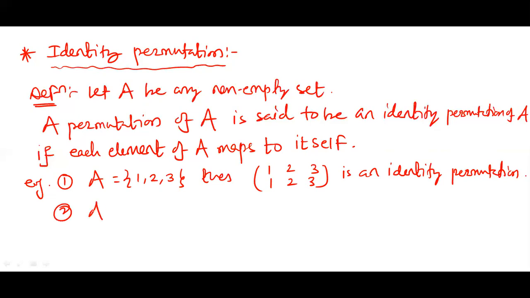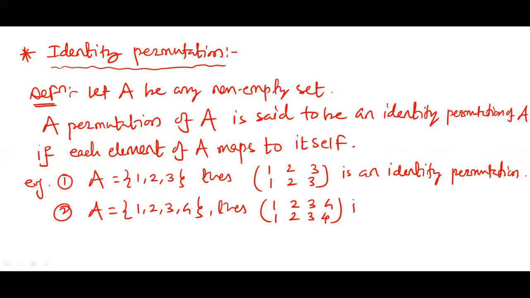Second example, suppose set A contains these 4 elements, then a permutation in which 1 maps to 1, 2 maps to 2, 3 maps to 3, 4 maps to 4 is an identity permutation.